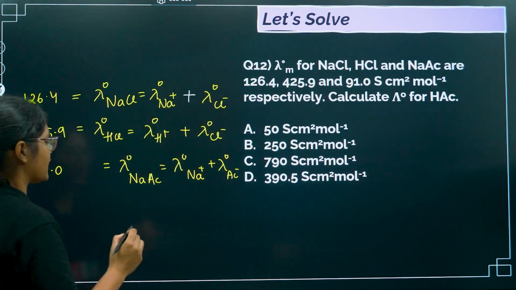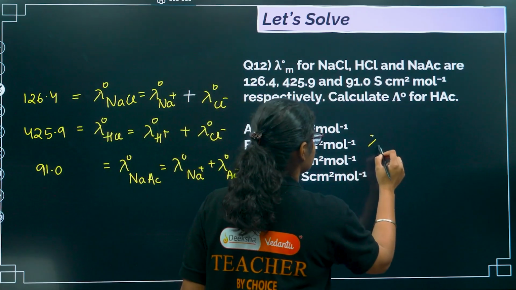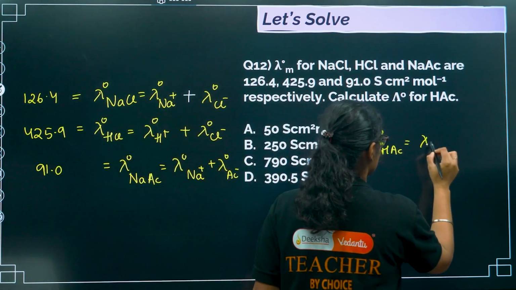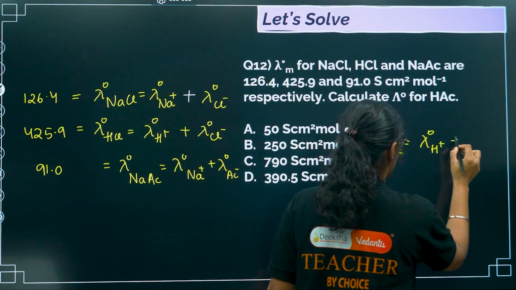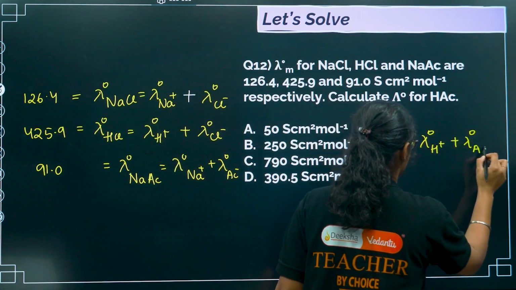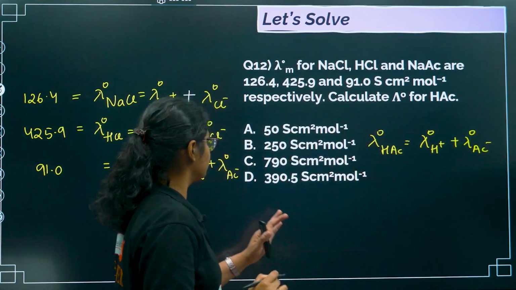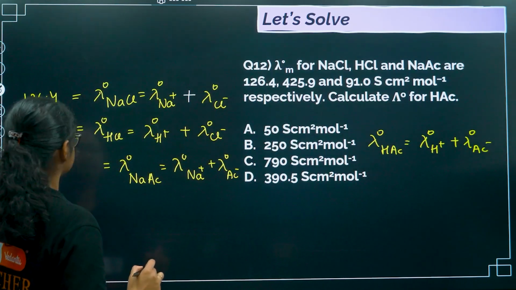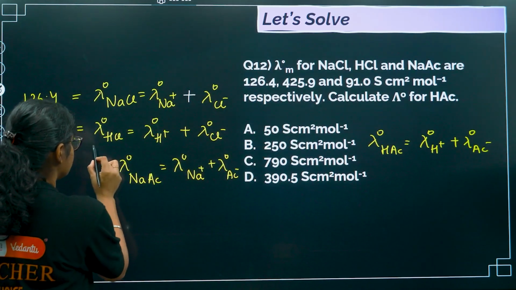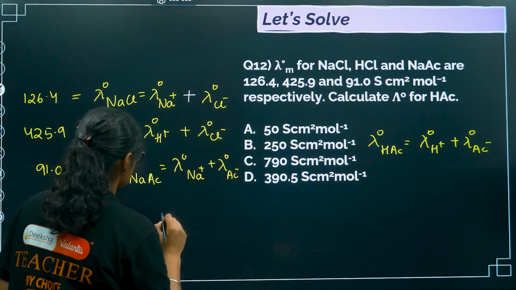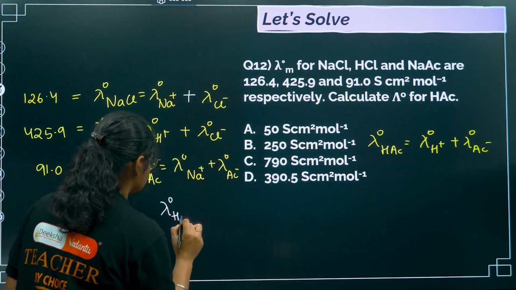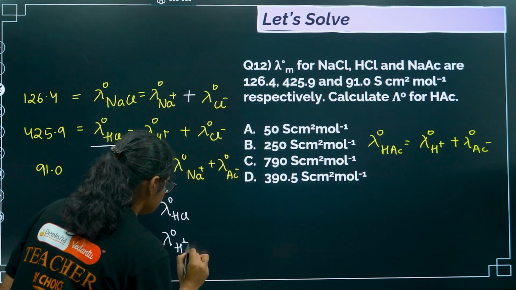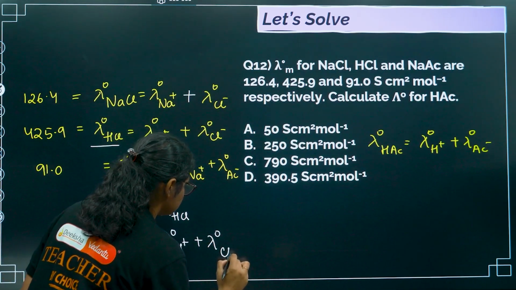Next we have to calculate the molar conductivity of HAc. Which ones are required here? Lambda naught of H plus and lambda naught of Ac minus, right? So we have to collect these from the given data. H plus is there in HCl, so I will take lambda naught of HCl, which gives lambda naught of H plus and lambda naught of Cl minus.